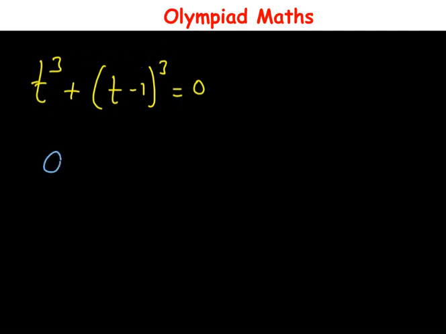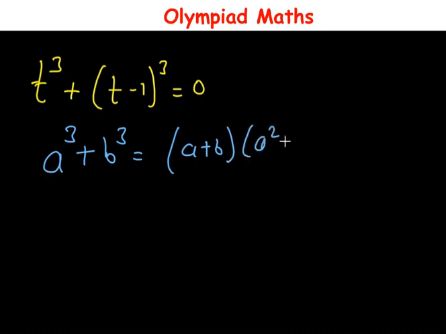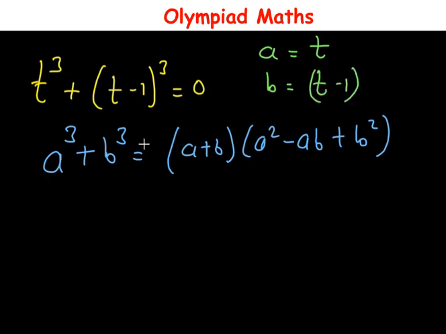If you have a raised to power 3 plus b raised to power 3, this equals, in bracket, a plus b multiplied by a squared minus ab plus b squared. So expanding this, the value of a is equal to t, the value of b is equal to t minus 1.